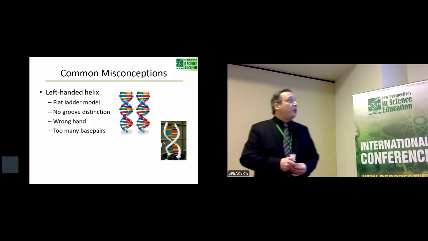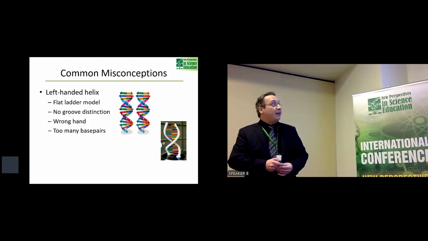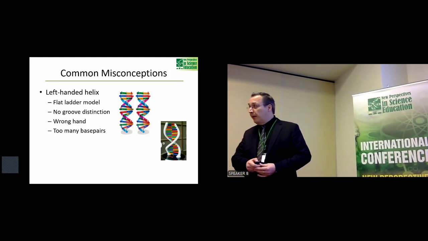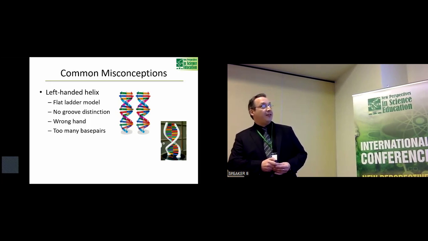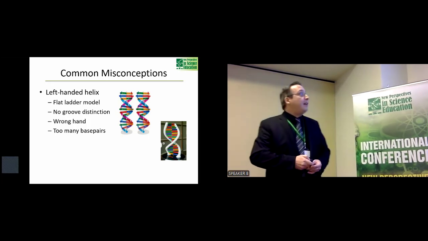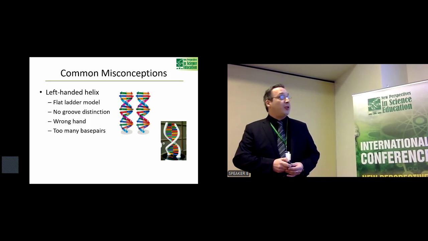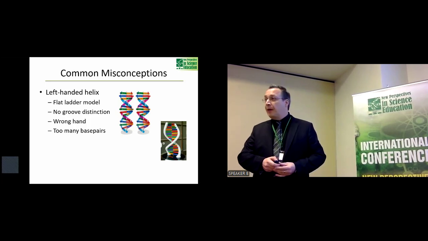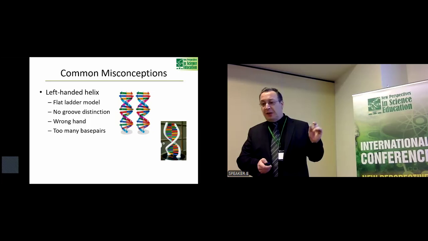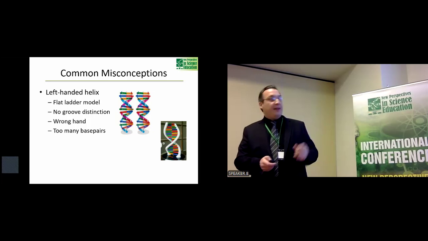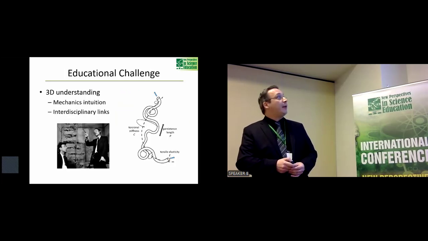People do not understand that there are 10 base pairs per turn of DNA, and a turn is this whole sinusoid, not only this one thing. So they try to stuff 10 base pairs here. Then there is also the difference between the major and minor groove, because those strands are offset a little bit. I will show it maybe later on.